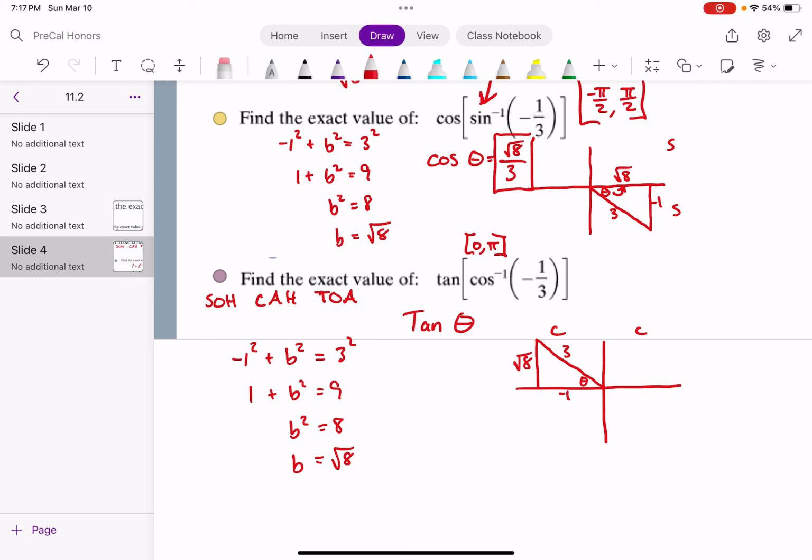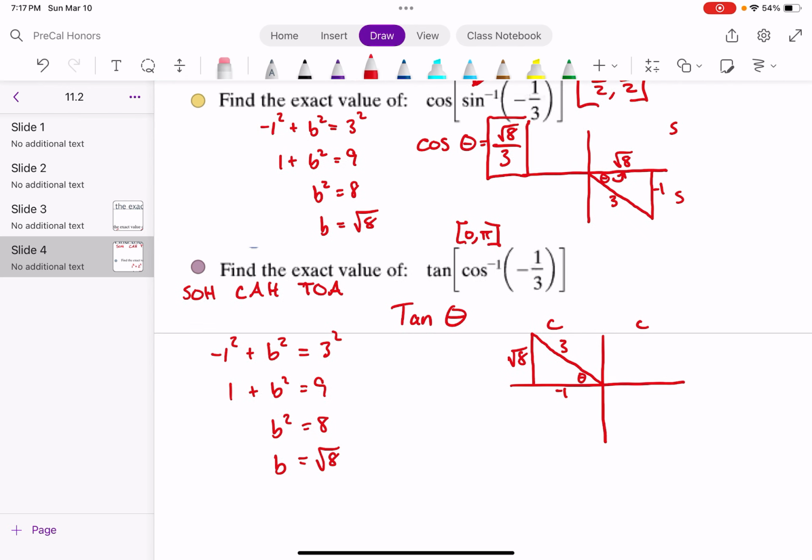So we're going to go ahead and find the opposite, which is the square root of 8 over the adjacent, which is -1. This goes ahead and simplifies to a negative square root of 8 as our final answer.